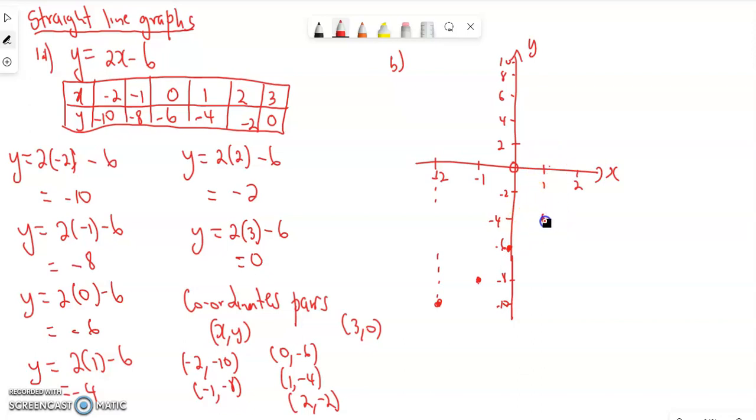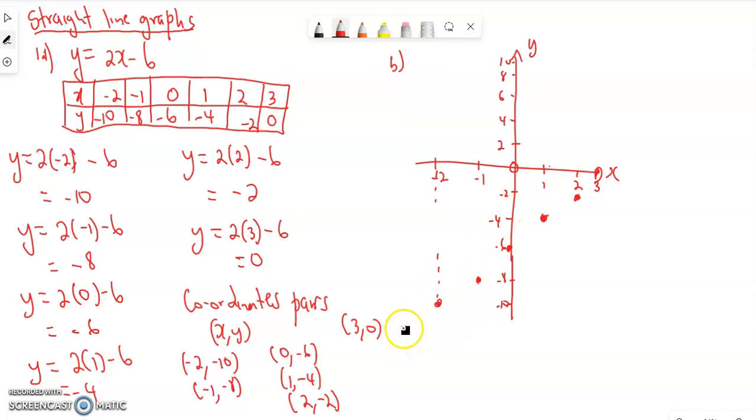Then 1 and -4, then 2 and -2, and we have 3 and 0. It's a point there. If you check the formation of these points, they tend to form a straight line.